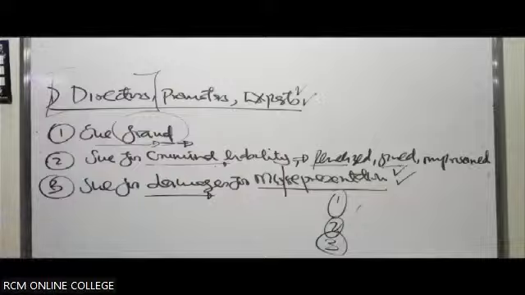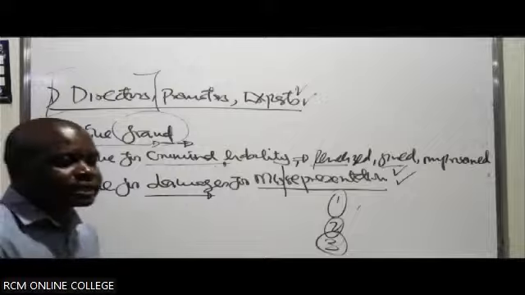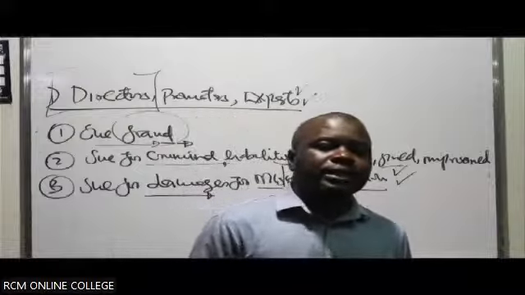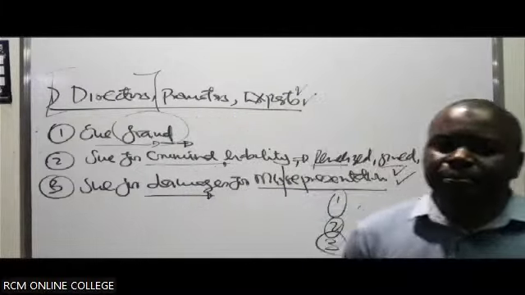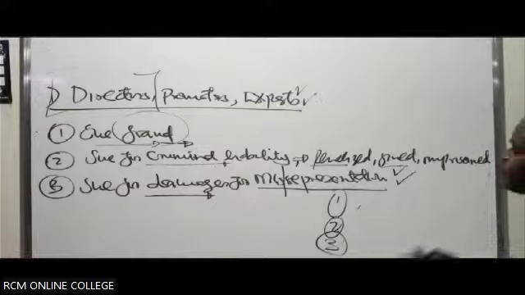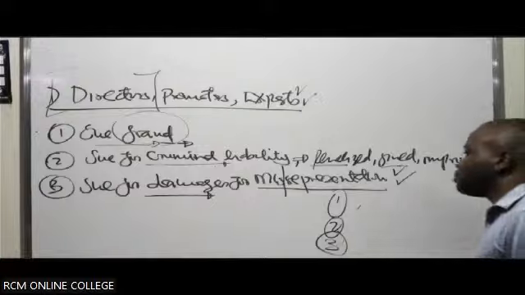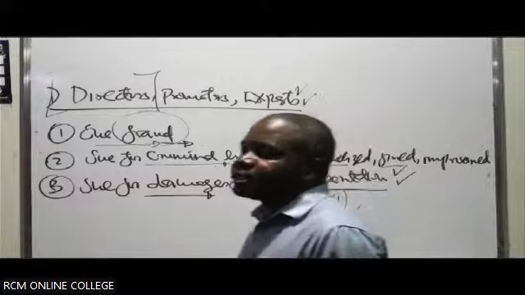But in this case, you are not aware of this misleading statement. Once you are aware of it, you withdrew your consent from serving as a director before the prospectus was issued or made public. Number two, you relied upon information from an expert, who guided you in including that statement in the prospectus.